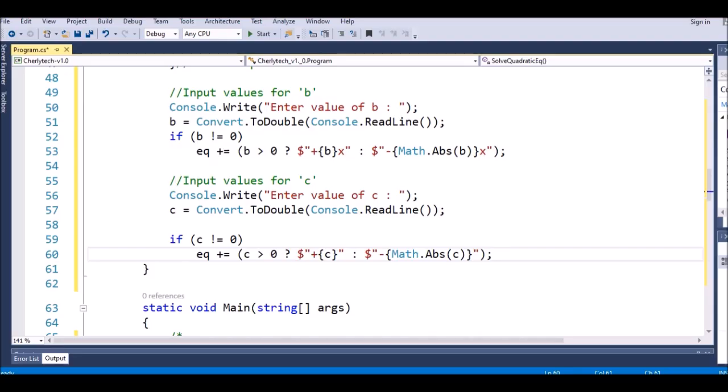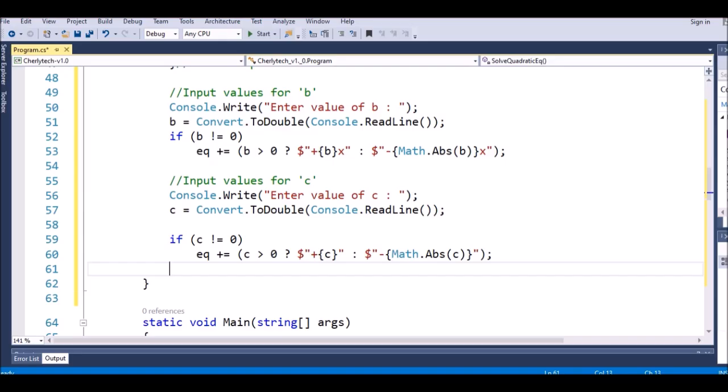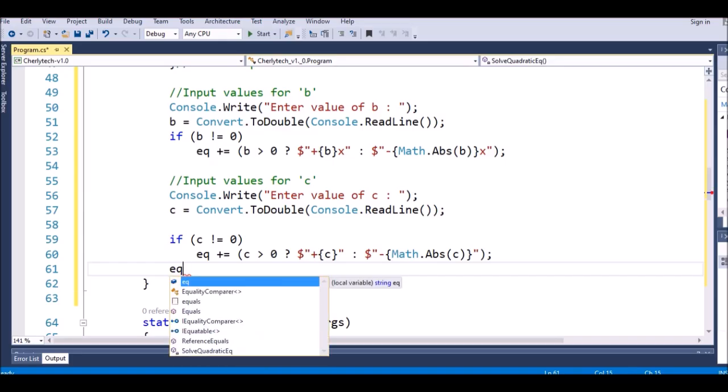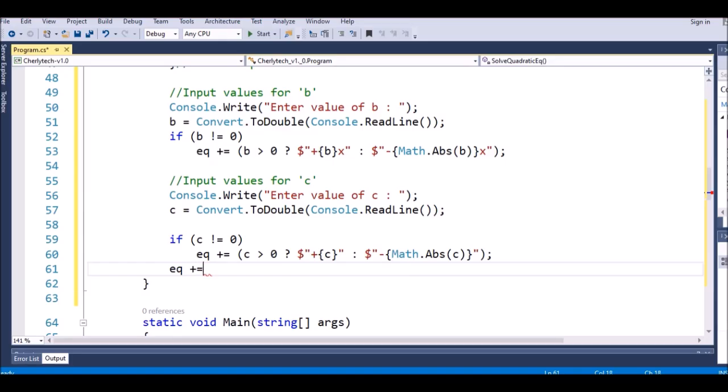So we will do this, and after that, we will have the equation EQ have to plus the sign for equal 0.